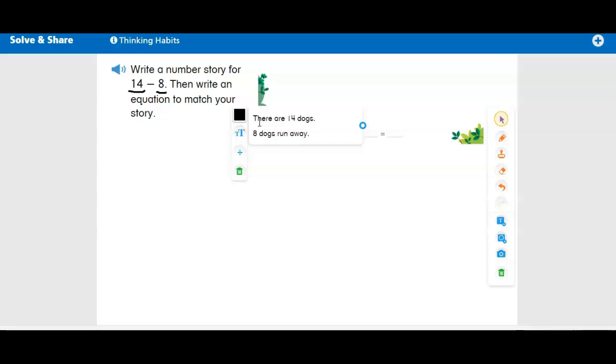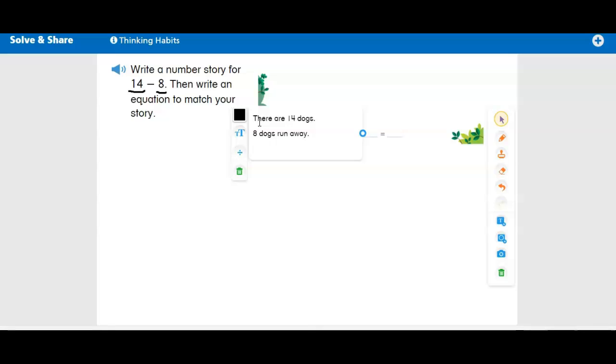So we have a first sentence that tells us how many dogs there are. Now we have our second sentence that tells us our part in the story. And it also says that 8 dogs run away. So that means they are leaving from our total, which also helps us show that we are subtracting.